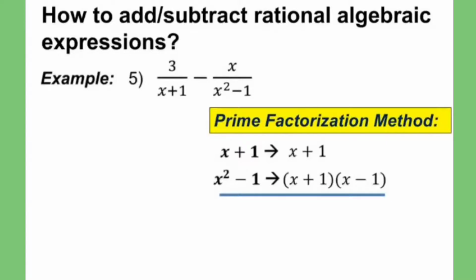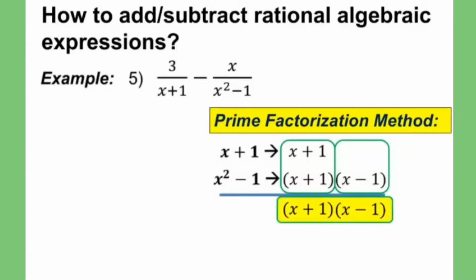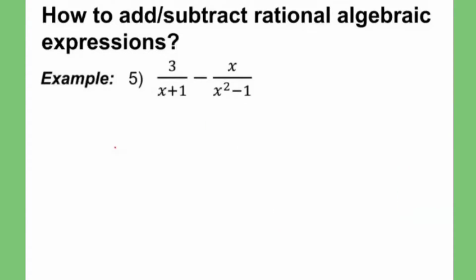Again, we align the common factors, x plus 1 and the other x plus 1. Next, we bring down the common factor, x plus 1, and of course, the other factor, x minus 1. And this is already our LCD, x plus 1 times x minus 1.